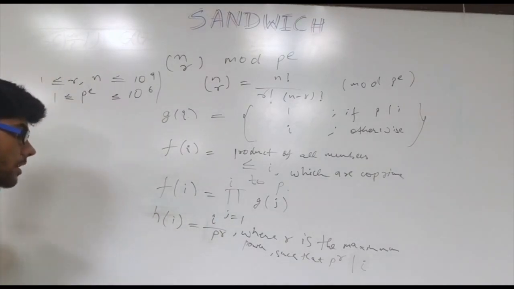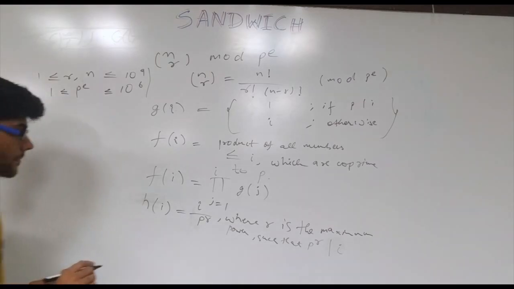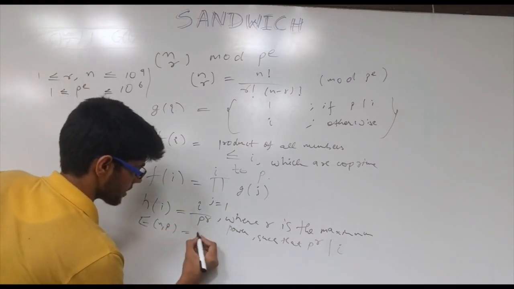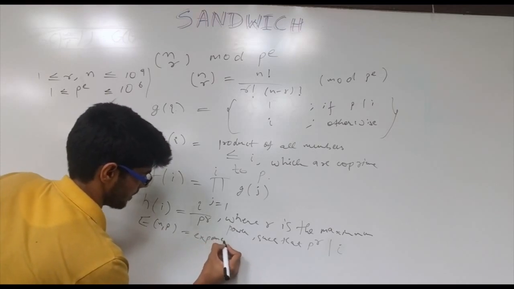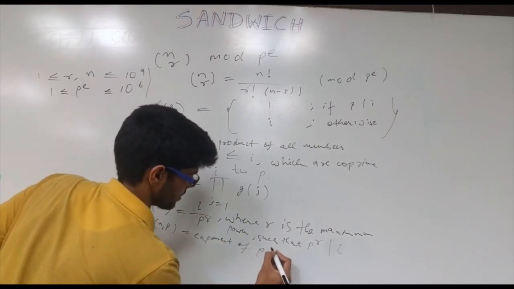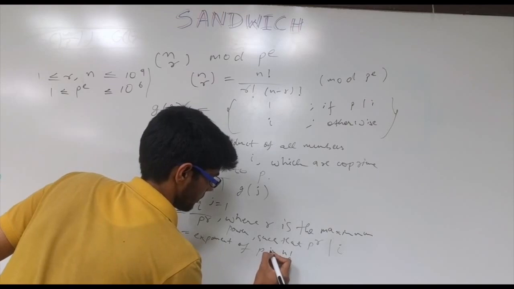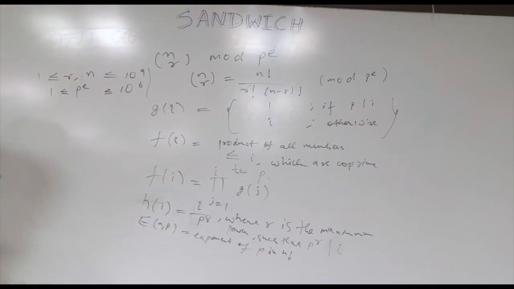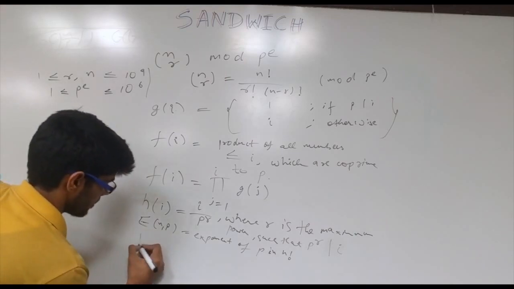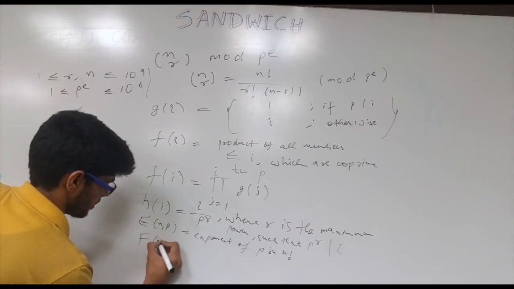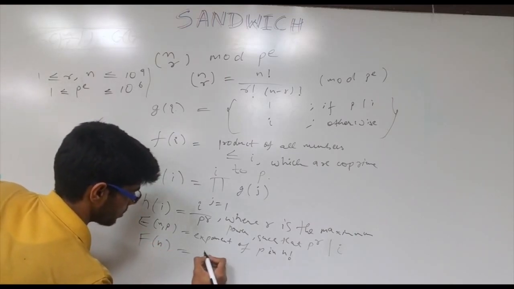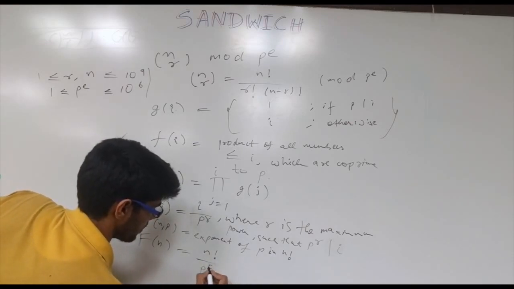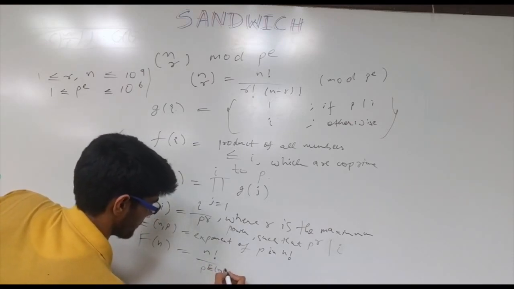Also let's define E of n comma p as the exponent of p in n factorial. Let us also define f of n equal to n factorial divided by p to the power E of n comma p.